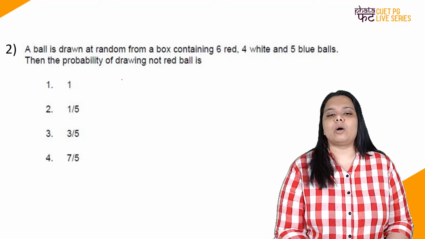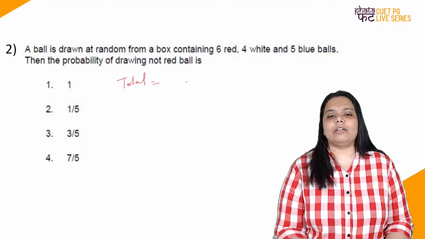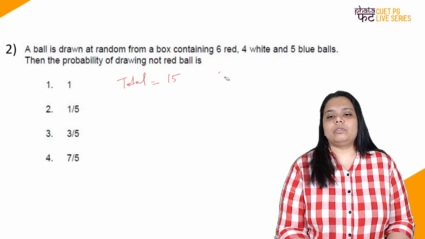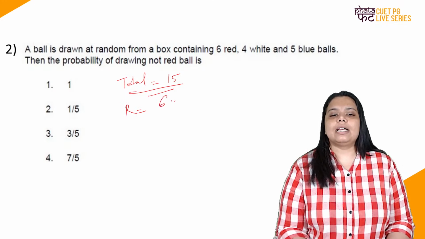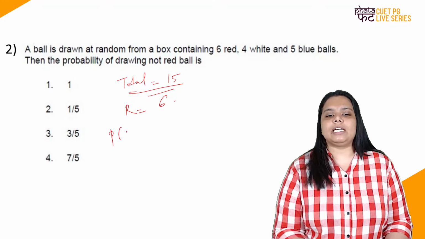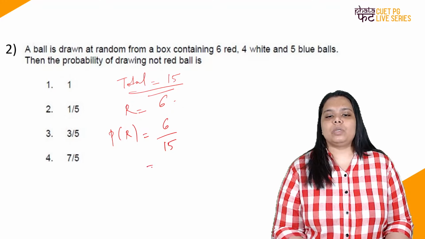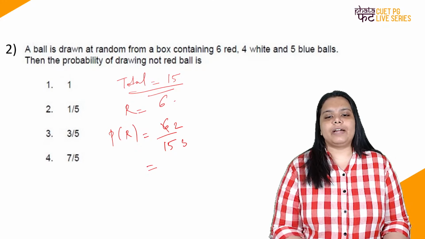So total number of balls is equal to 6 plus 4 plus 5, which is equal to 15. The number of red balls is 6. So first let's find the probability of getting a red ball. P of getting a red ball is equal to 6 by 15, which is equal to 2 by 5.